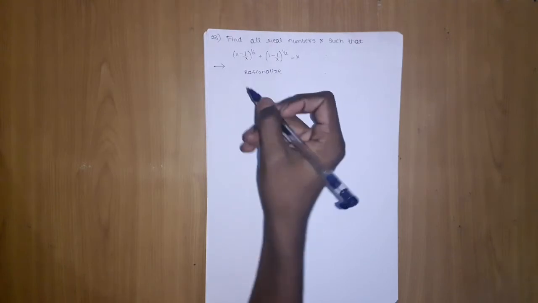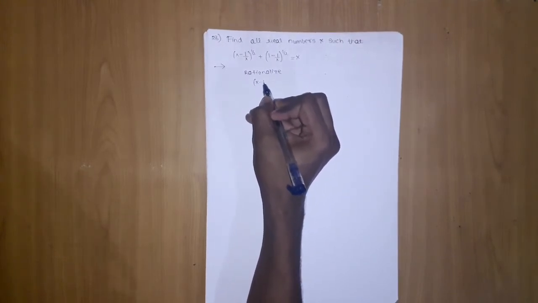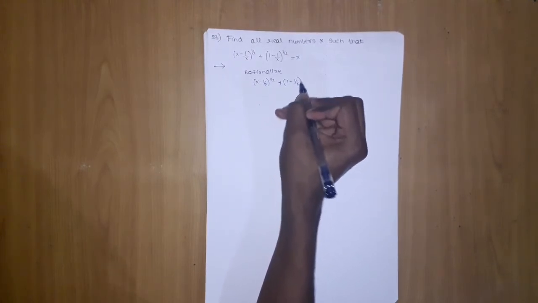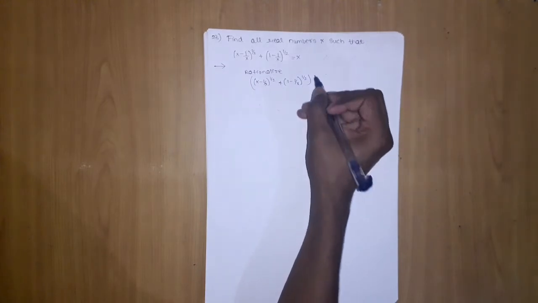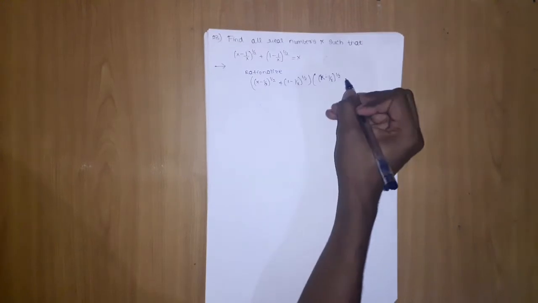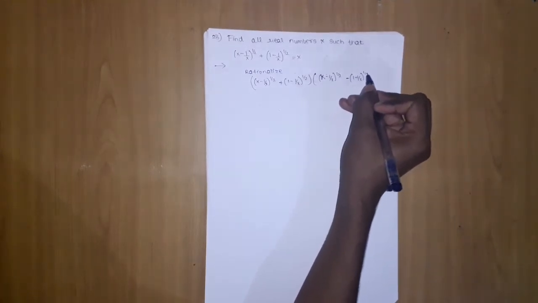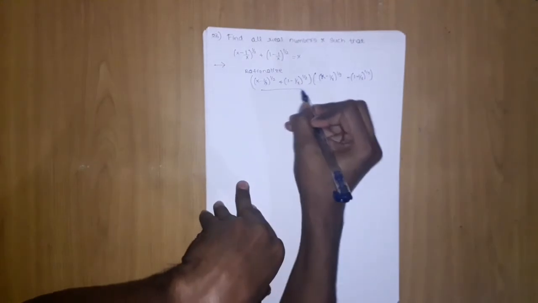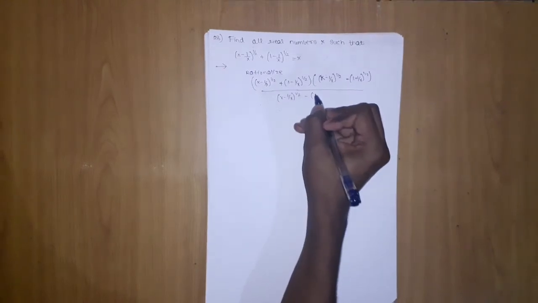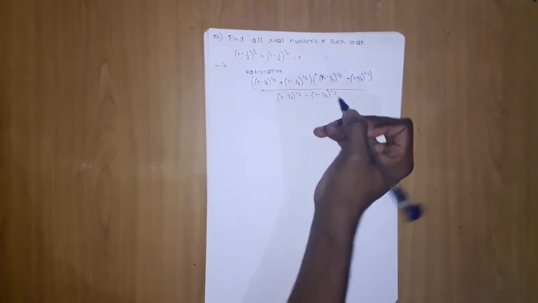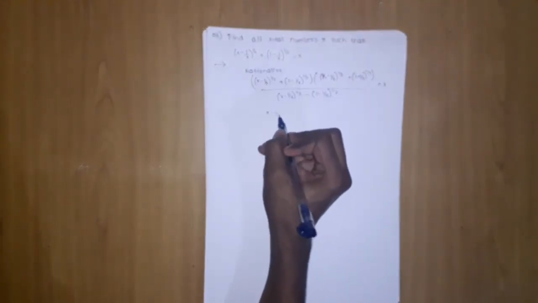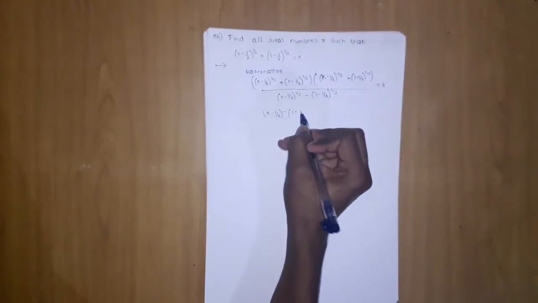Okay, if we rationalize, what we will get is (x minus 1 by x) power 1 by 2 plus (1 minus 1 by x) power 1 by 2, into (x minus 1 by x) power 1 by 2 minus (1 minus 1 by x) power 1 by 2. And what we will get here will be (x minus 1 by x) minus (1 minus 1 by x) equal to x times that.